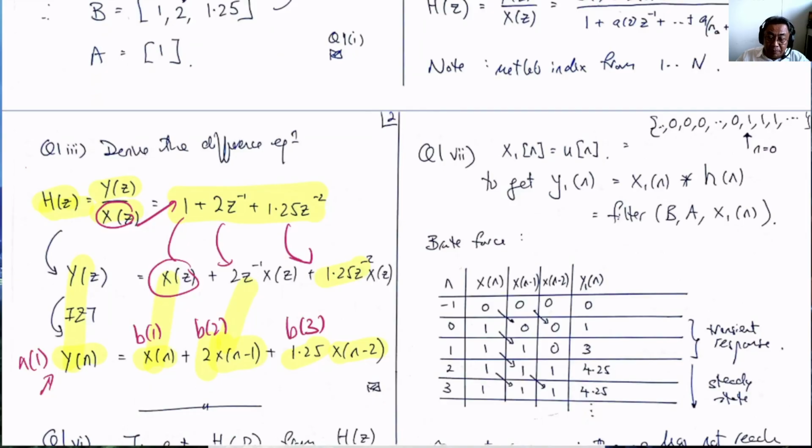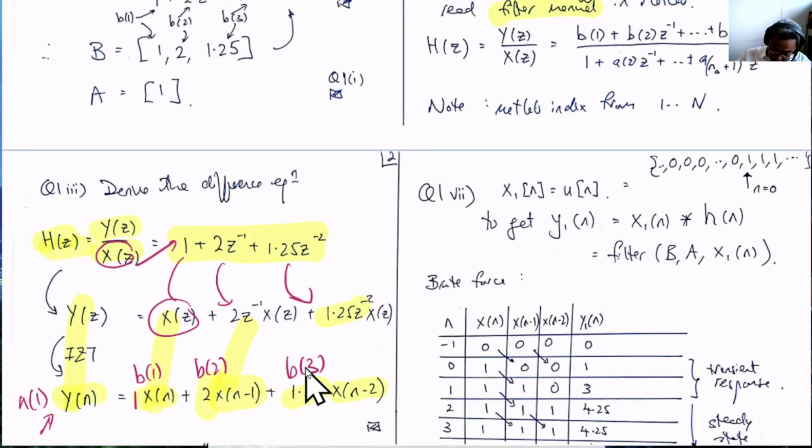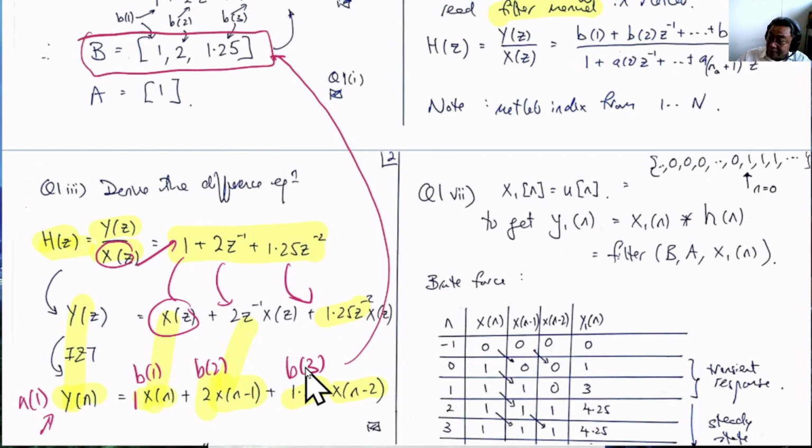Now if you compare the coefficients of this difference equation with MATLAB's, you realize that B1 has the value of 1, B2 has the value of 2, B3 has the value of 1.25. And these 3 values are then returned in this vector here. So this is B1, B2, and B3.